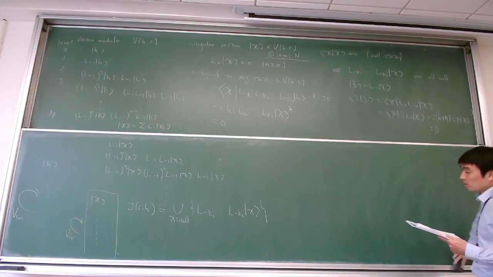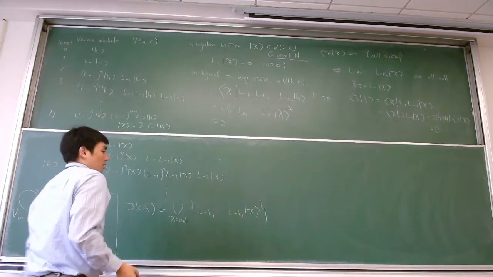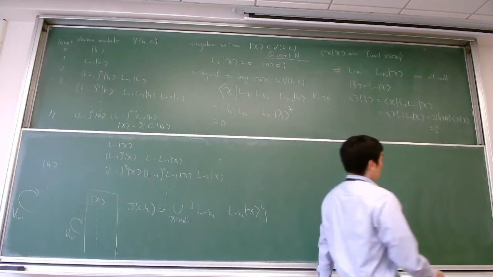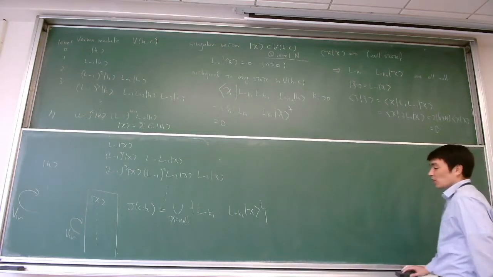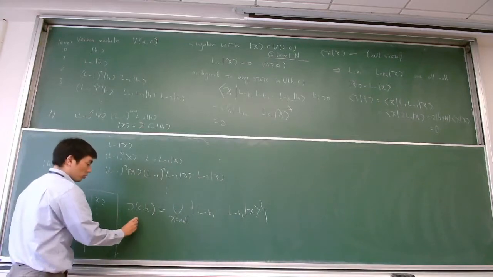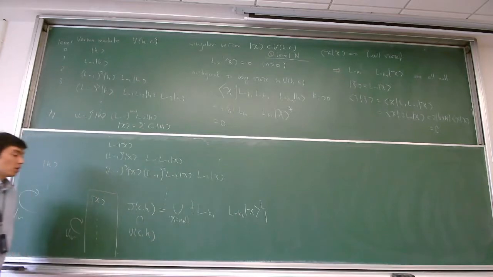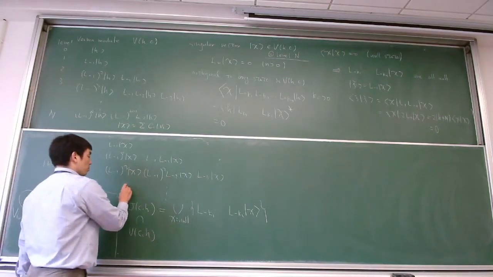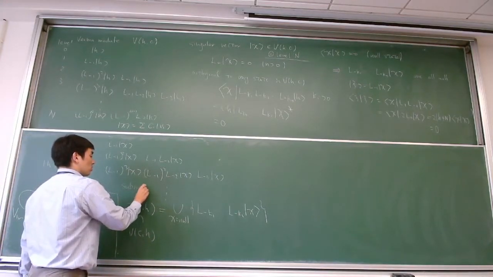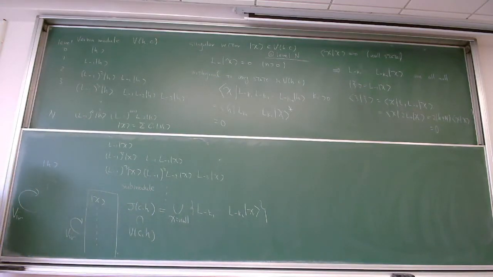Of course, physically we are interested in unitary theory, and then we don't need the null states. So this is the null state, and this is a submodule of the Verma module.